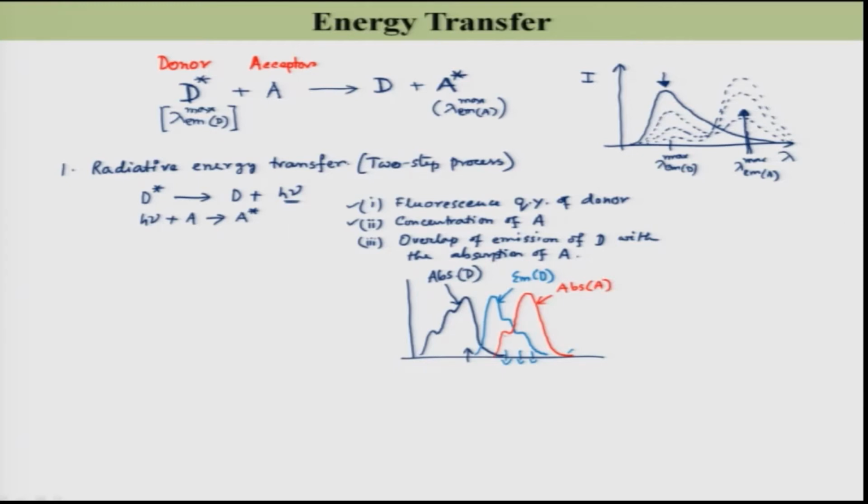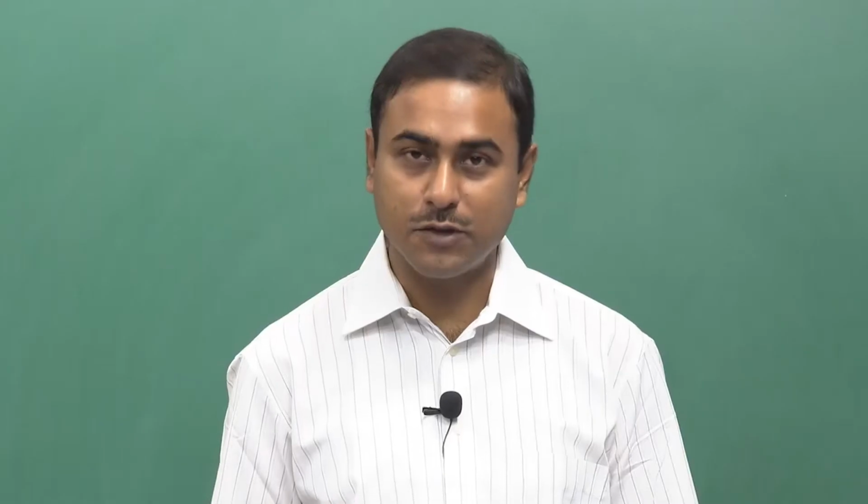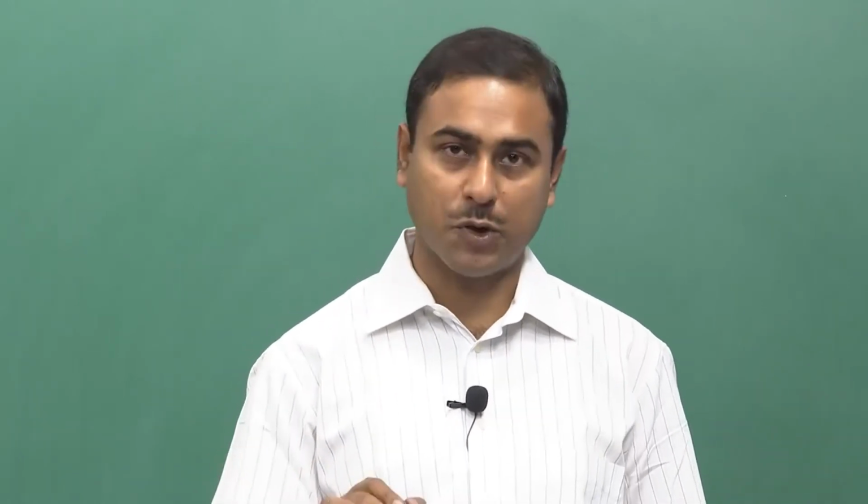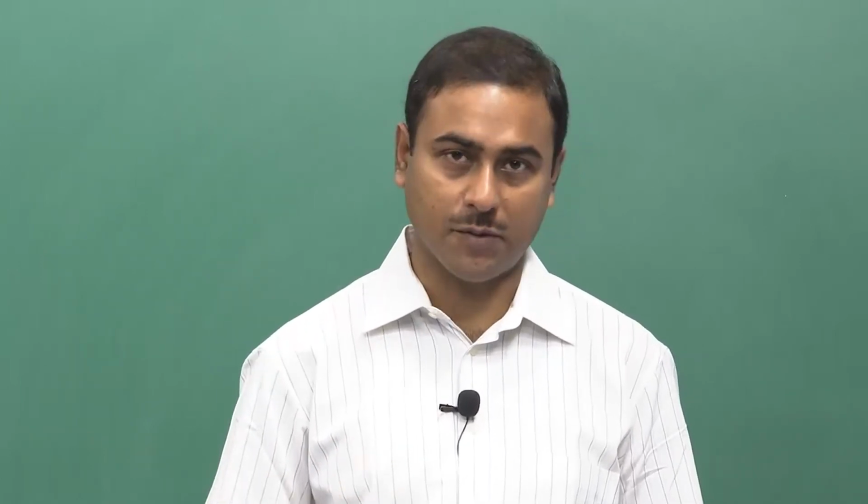In this case, what you can see is that for the photons which are emitted at these wavelengths, starting from here to here, the absorption of this A is actually matching. There is a certain probability that these photons will be absorbed. Obviously, the absorption cross section at the different wavelengths will be different. So, the probability of absorption of the different h nu will be different, but there is a probability of absorption.